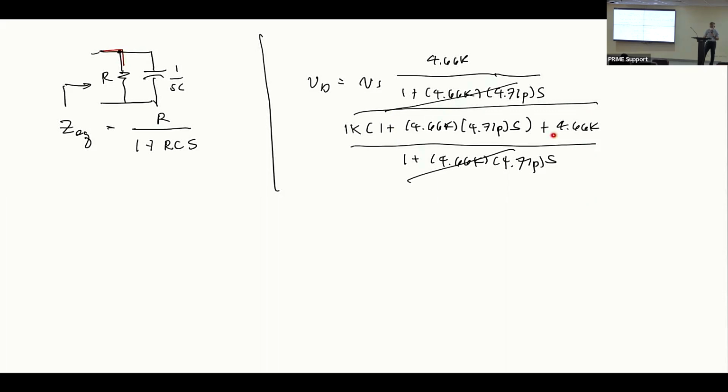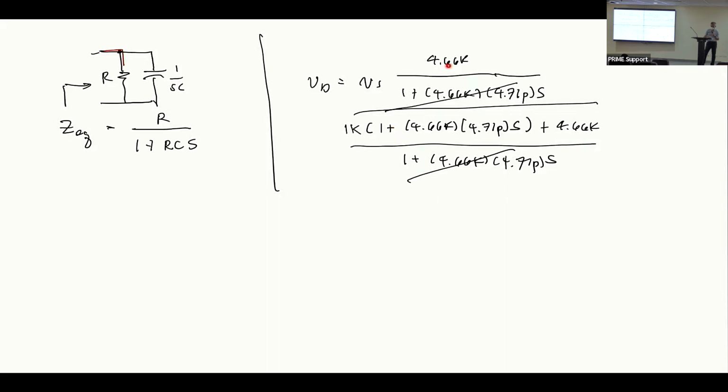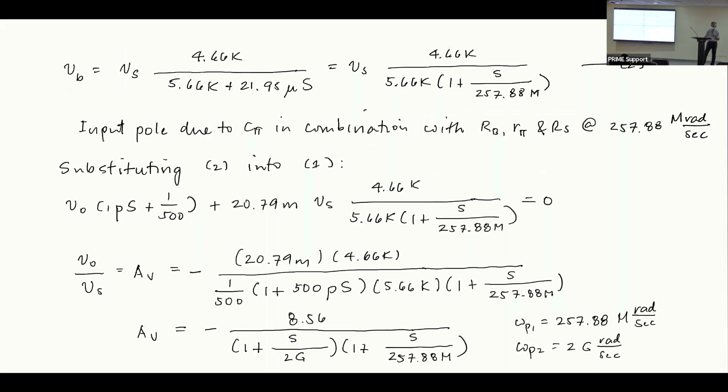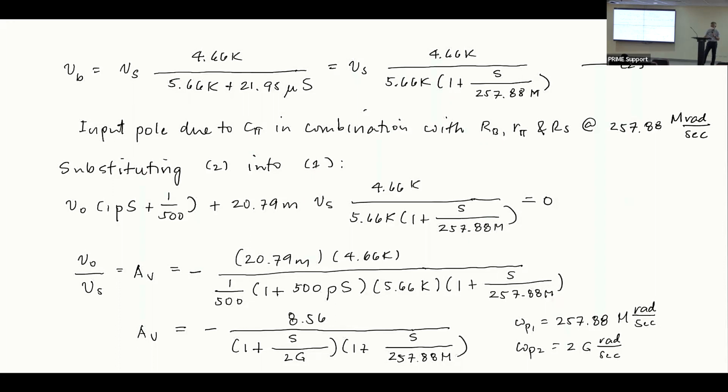If I do that, this is what comes out. So this is my numerator, 4.66K. Remember, I have 1K plus 4.66K, that's 5.66K. And then if I multiply this 4.66K by 4.71p, this is what I'm going to get, 21.95 micro multiplied by S.